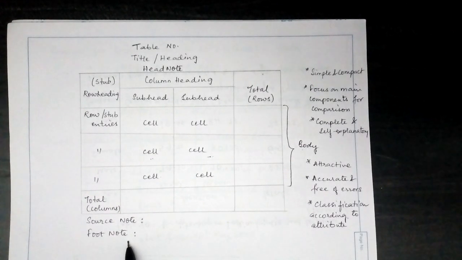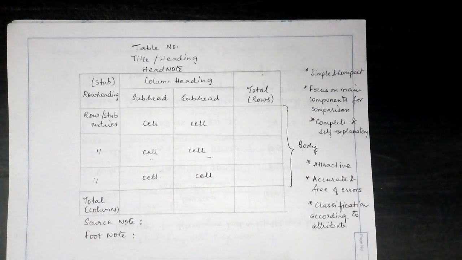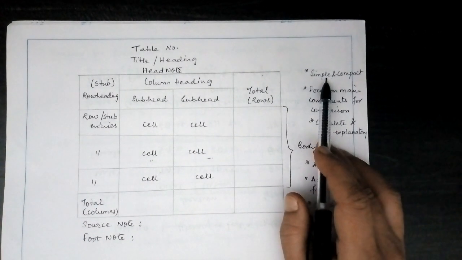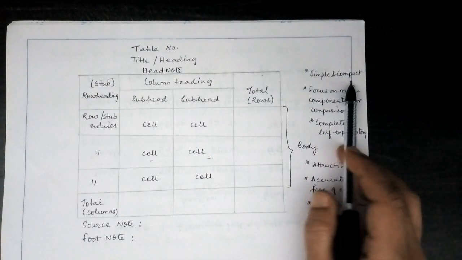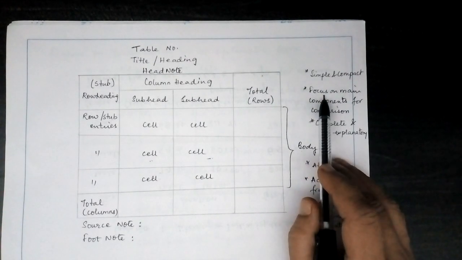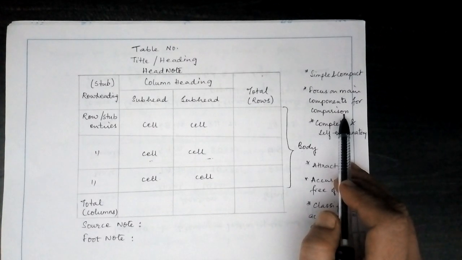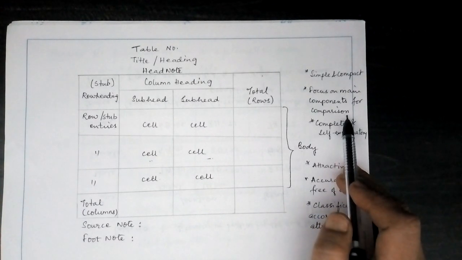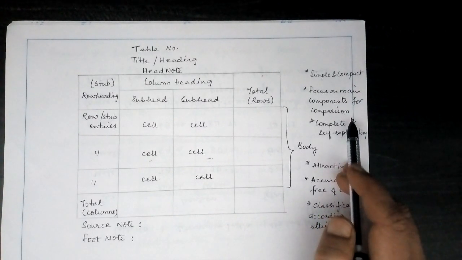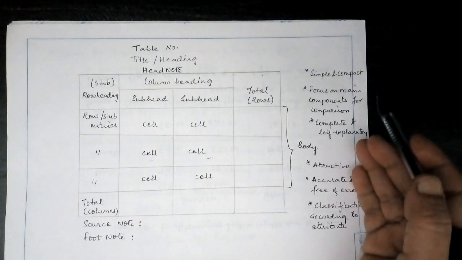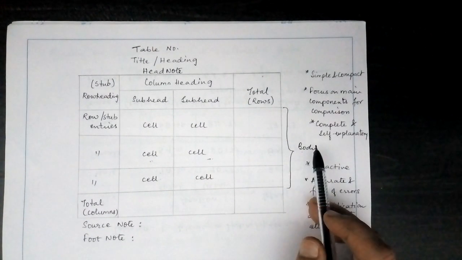Now, what does a table actually do? Or how should a table be? The table should be simple and compact. The table should focus on main components for comparison. Could we not compare the number of males and female literates in the rural and urban areas in the example that we just saw?